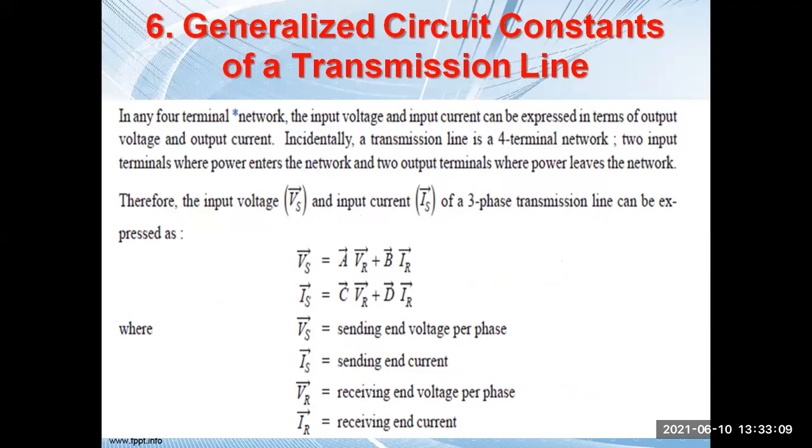I think you have heard the name of the ABCD parameter. At that time it was told to you that it is basically the transmission line parameter. So if we see the two-port network parameter, that is basically the ABCD parameter. How to represent this thing?